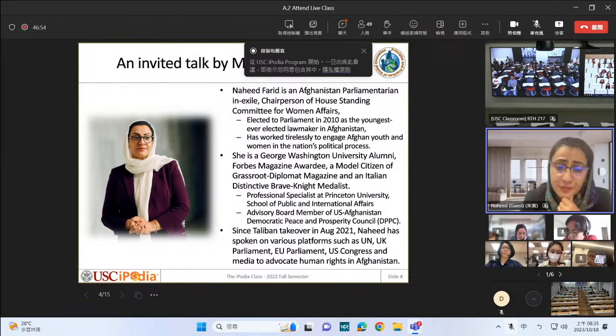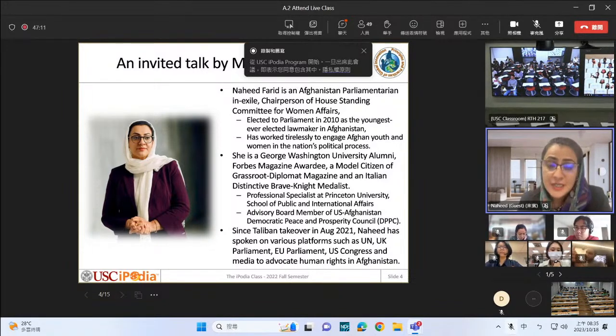After 6th grade, no girl is allowed to go to school. Employment is prohibited, and these decrees are mostly against girls' education and women's education, because the Taliban believe that women are the agents of change. Women are those who can create a vibrant, equitable, democratic country, and that's how they can impede the nation of Afghanistan from becoming a modern country.